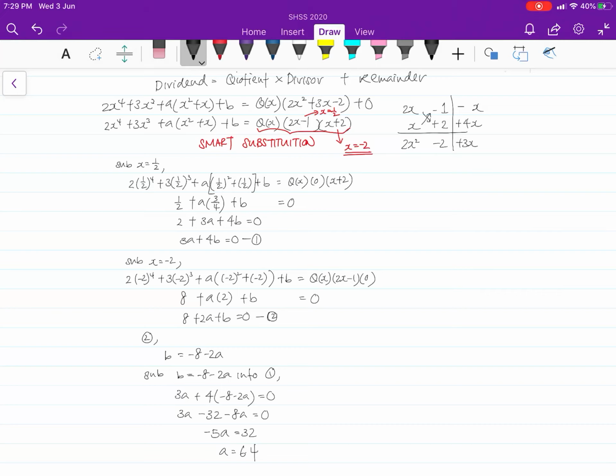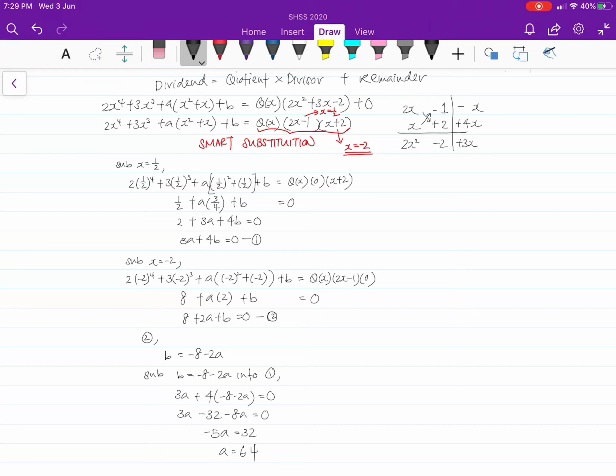Let me press the calculator another time. 2 times negative 2 to the power of 4 plus 3 negative 2 to the power of 3 is 8. So 8 plus minus 8 minus 2a. That's correct. Just give me a minute. Let me check whether my working has any mistakes.